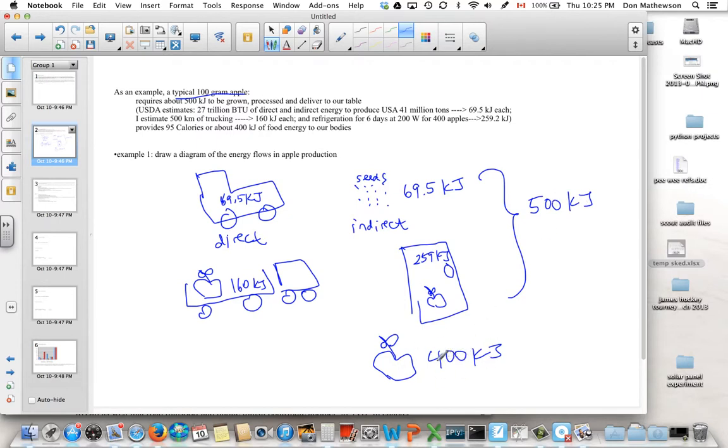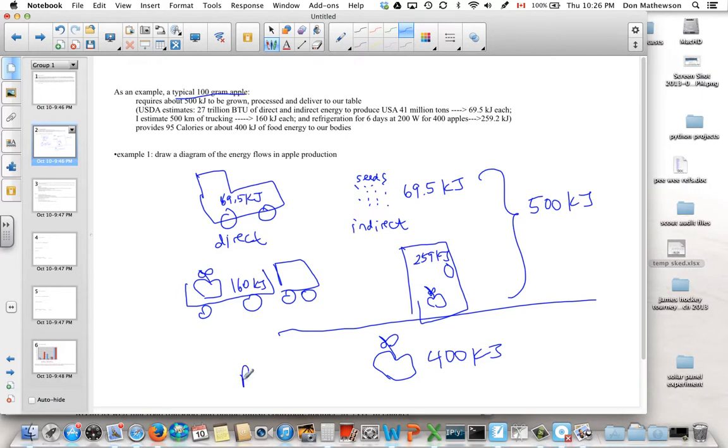Historically, this wasn't the case because agriculture, you put in a little bit of energy and you got out a lot of food, and that's what enabled us to grow. Because we didn't have fossil fuels at the beginning. The energy we were using was all human labor. So we had to be getting more food energy out than the human labor energy we were putting in, or we would have starved.